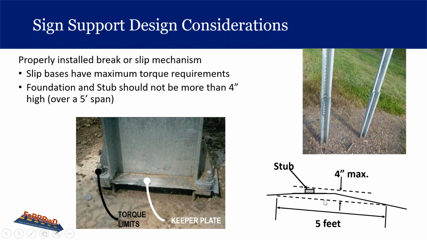So here's a drawing of the 4-inch max. The upright shows a wide flanged post with a lapped joint where the lap is too high. So this is too high here. We get into this a lot with our sign grant for our townships.